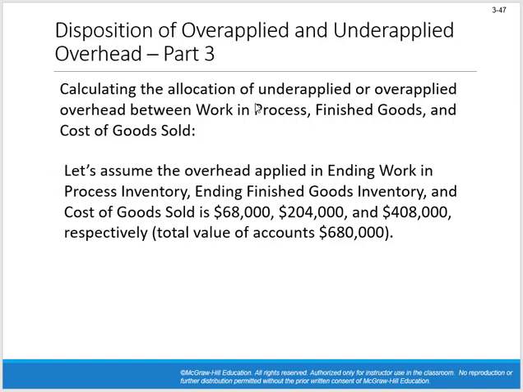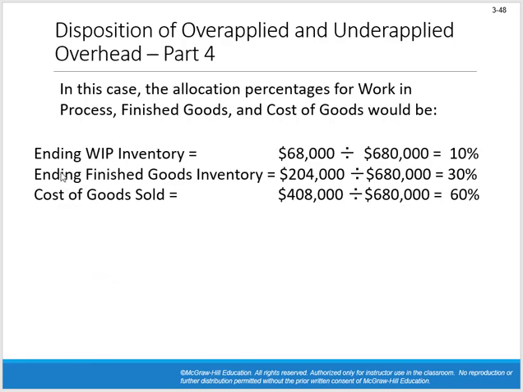So the calculation to do it the other way, the second way, we're going to use an allocation to proportionalize that under or over applied amount between WIP, finished goods, and COGS. So if we assume that our overhead applied in ending WIP, ending finished goods, and cost of goods sold is 68,000, 204,000, and 408,000. Let's take a look at that. So we would divide each of those by the total.